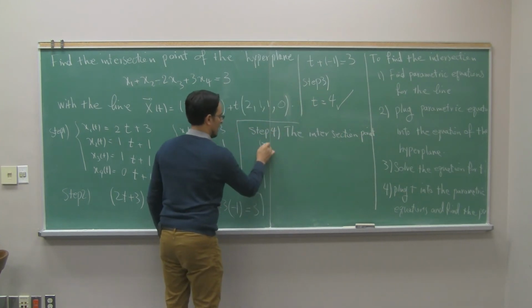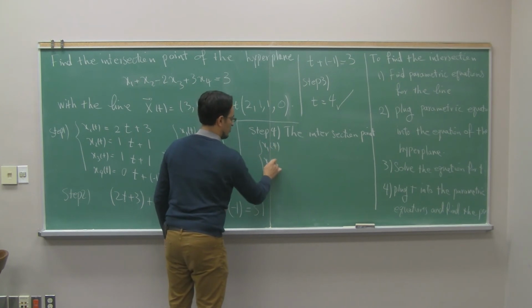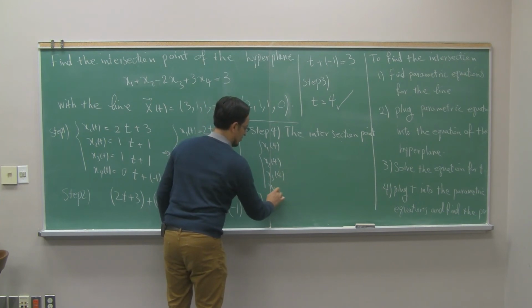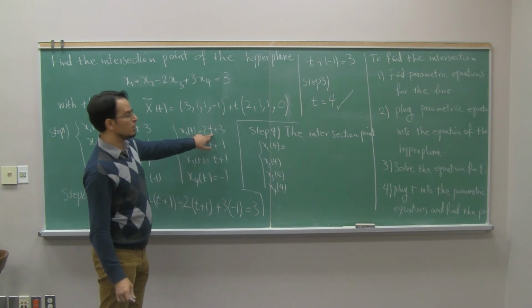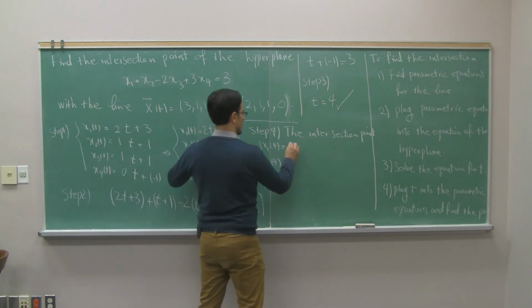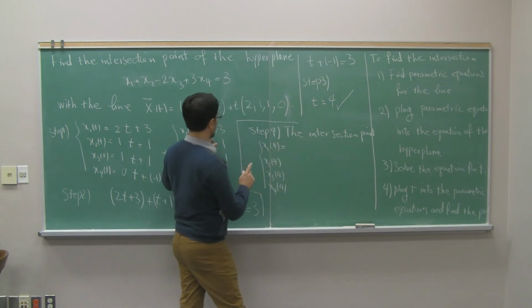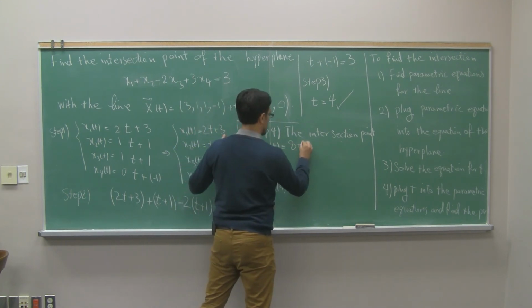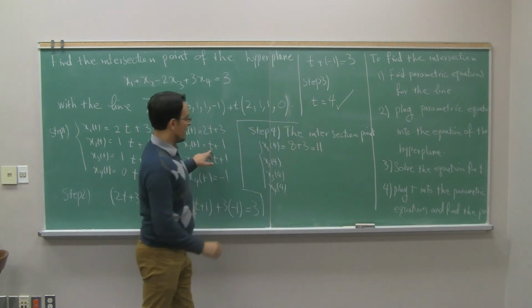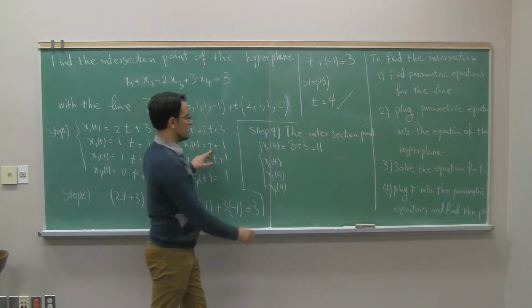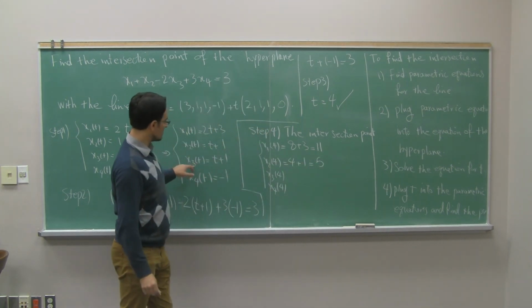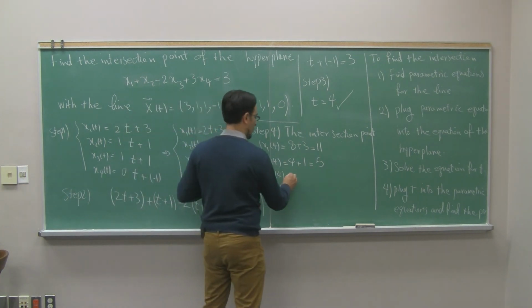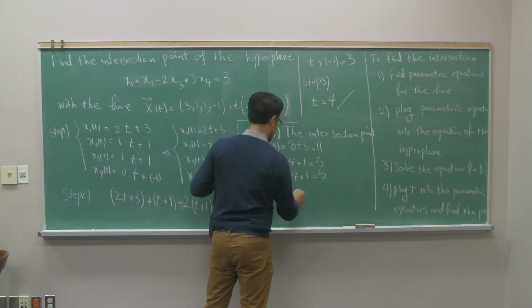So the intersection, so step 4, the intersection point is x1 at 4, x2 at 4, x3 at 4, and x4 at 4. x1 at 4 is 2 times 4 plus 3, so is 8 plus 3 is equal to 11. x2 at 4 is 4 plus 1, which is 5. x3 at 4 is 4 plus 1, which is 5.